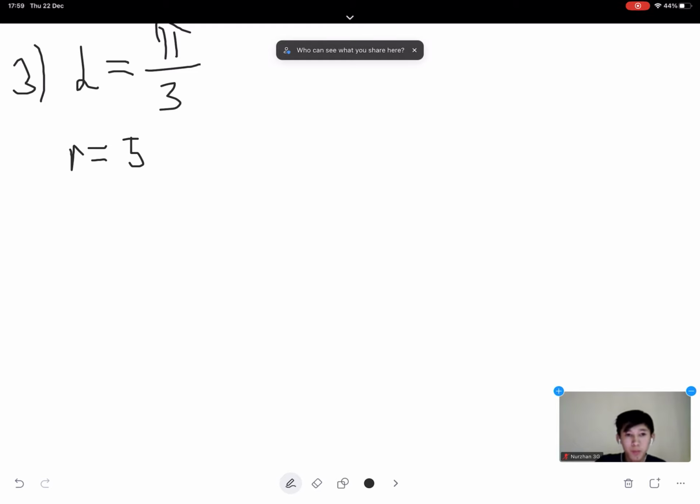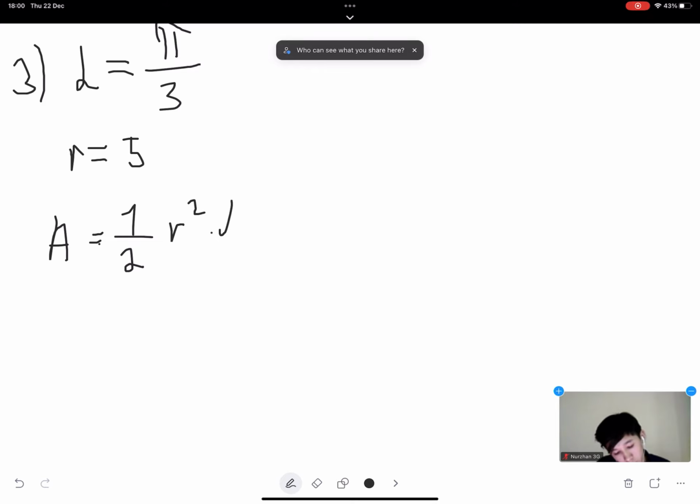We begin by recalling that the area A of a sector of a circle of radius r that subtends an angle of alpha radians is given by the formula A is equal to 1 over 2 r squared times alpha.